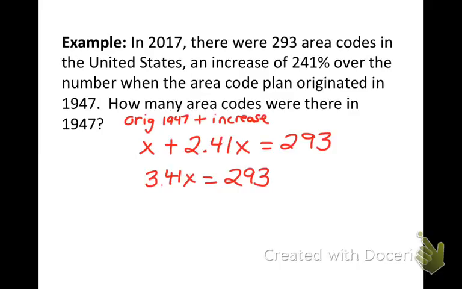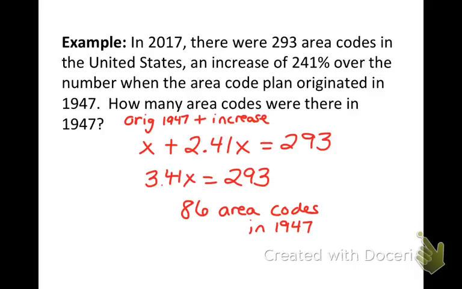Yeah. So let's round it to 86. So 86 area codes in 1947.